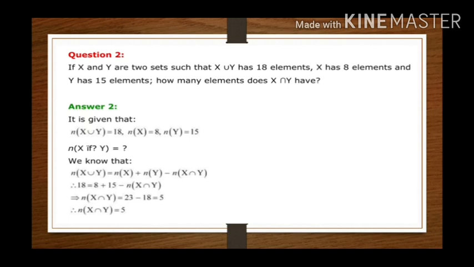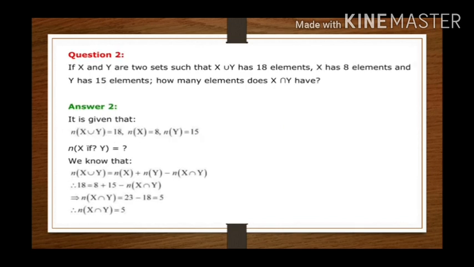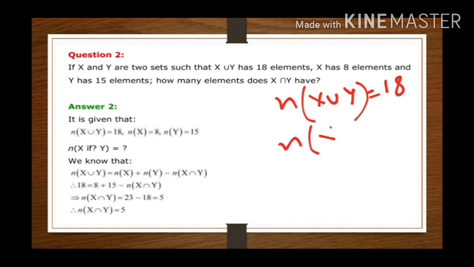From the question, the given data are: cardinality of X union Y is equal to 18, cardinality of X is equal to 8, cardinality of Y is equal to 15.